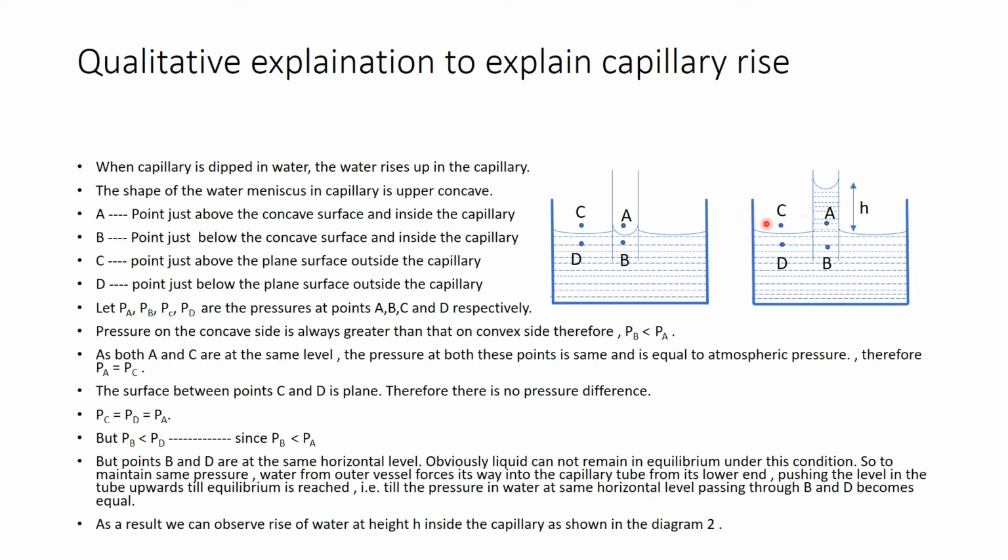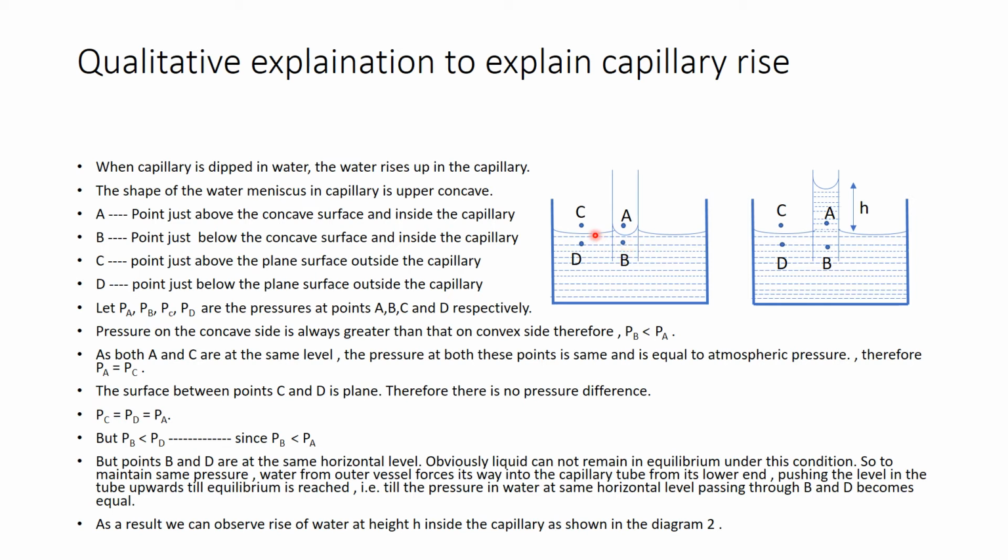Now again, let us come to diagram number 1. In diagram number 1, you can see 4 points A, B, C and D. A is the point just above the concave surface, but inside the capillary. B is the point just below the concave surface, but inside the capillary.